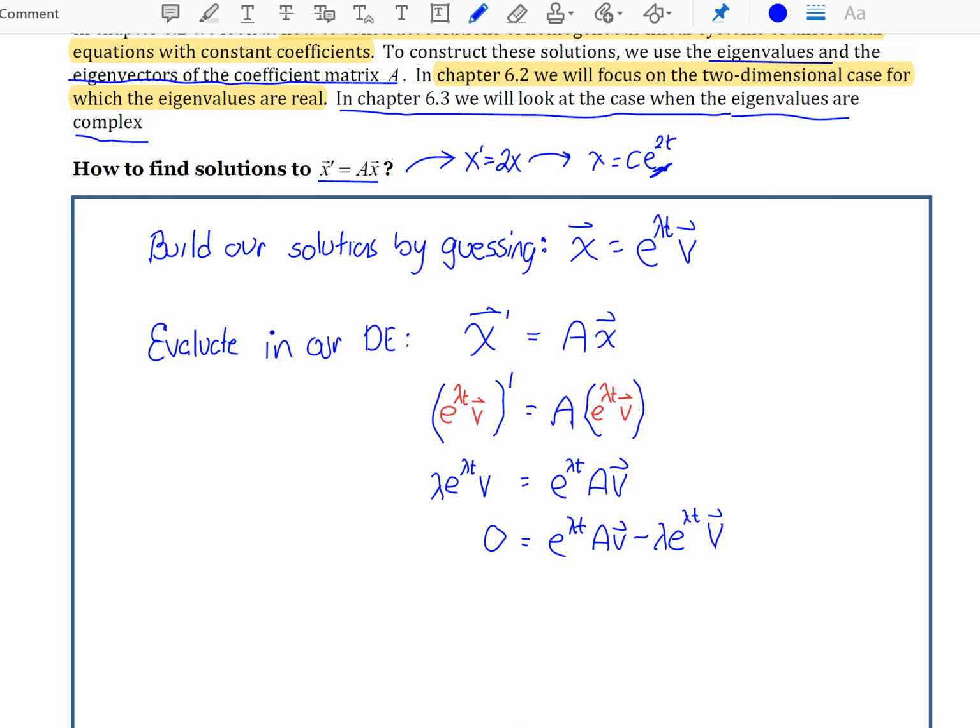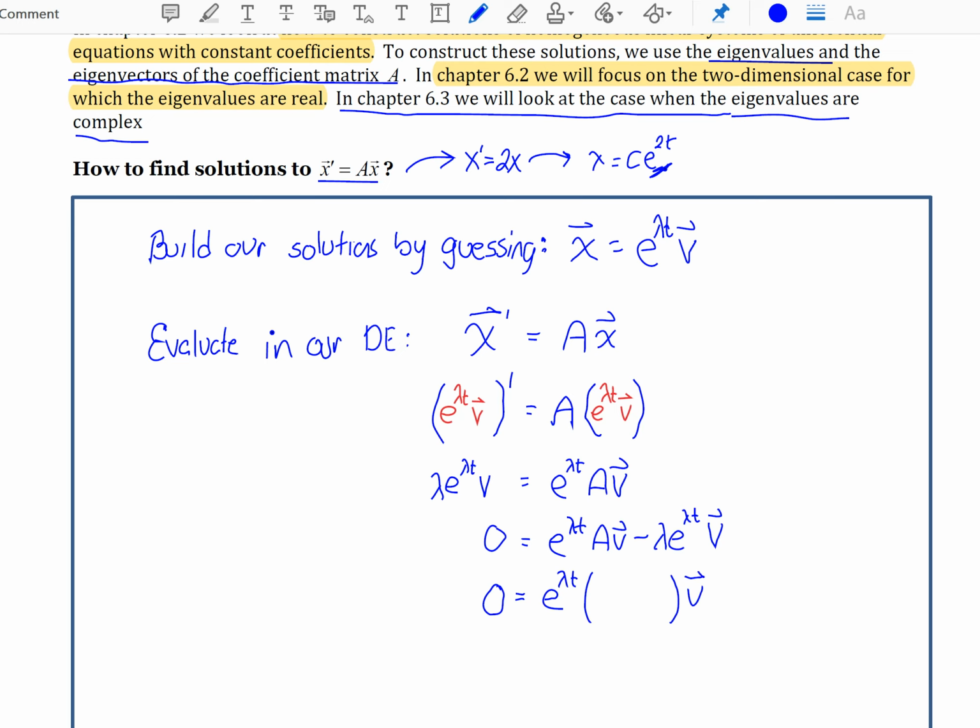Now what I would like to do is factor out common factors on our right-hand side. So we'll have 0 equals, maybe we can factor out the e to the lambda t on the left. And I'd also like to factor out the v, but I'll factor it out on the right.